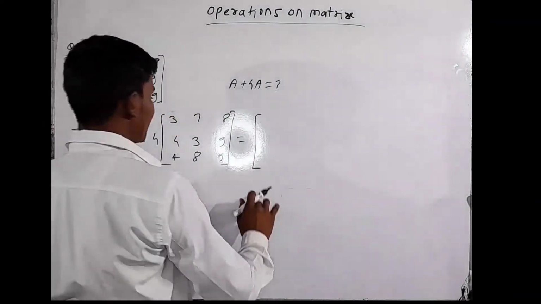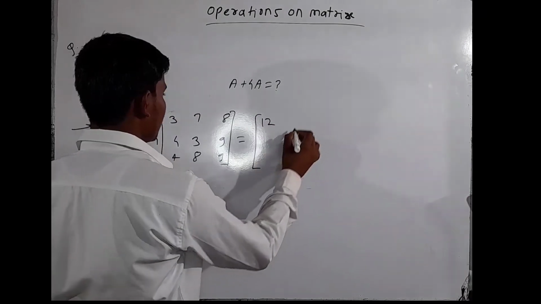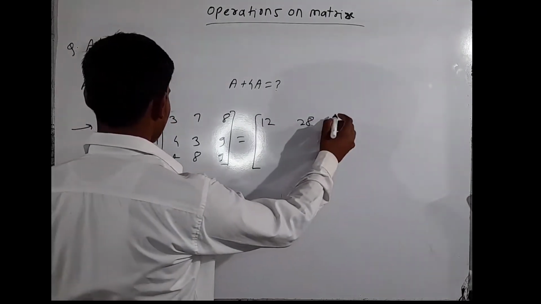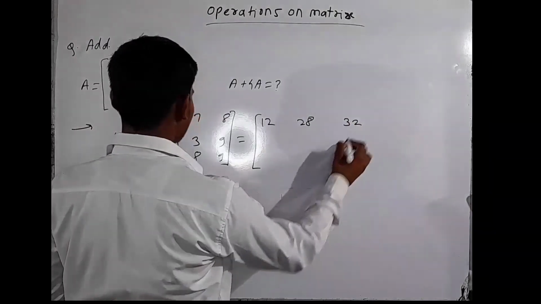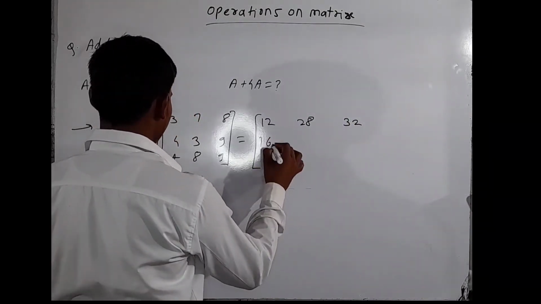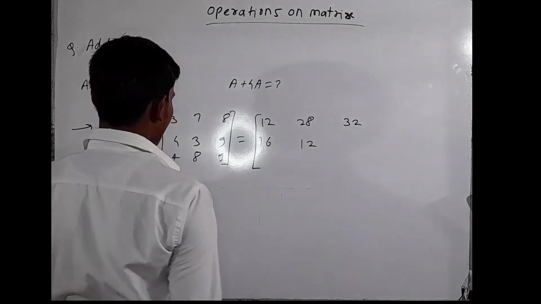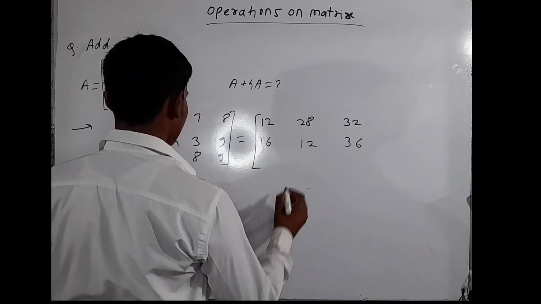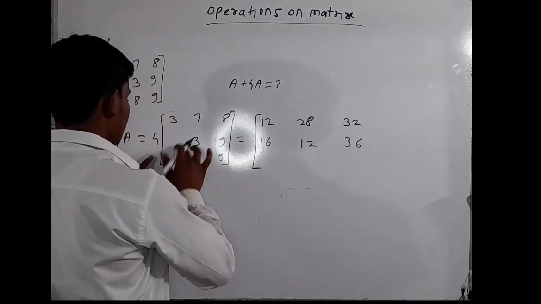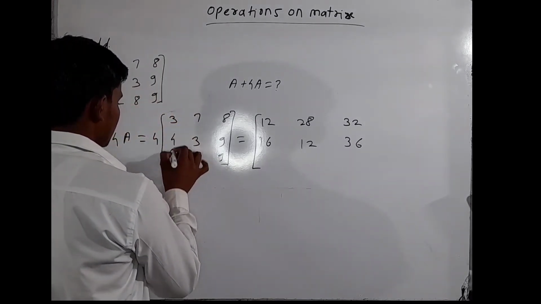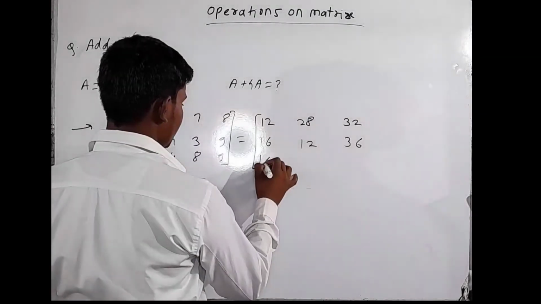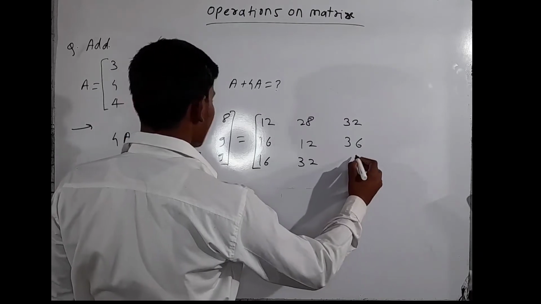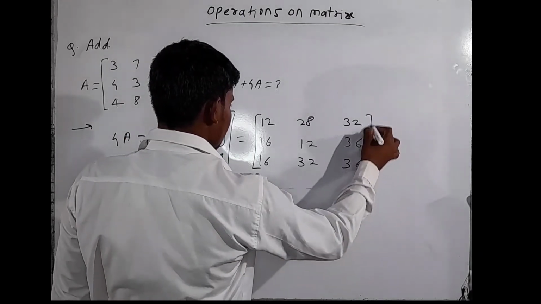And we will finally get, for the scalar multiplication, 12, 28, 32, 16, 12, 36, 16, 32 and then 36.